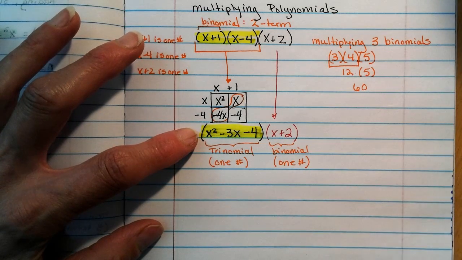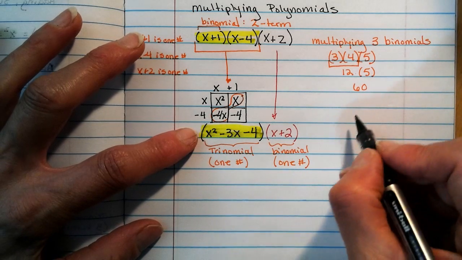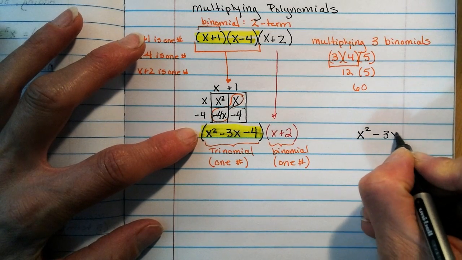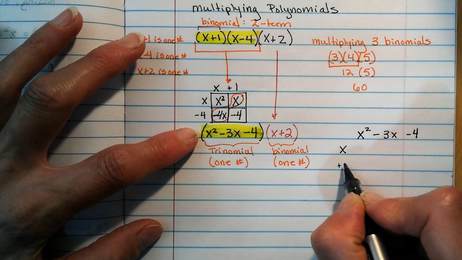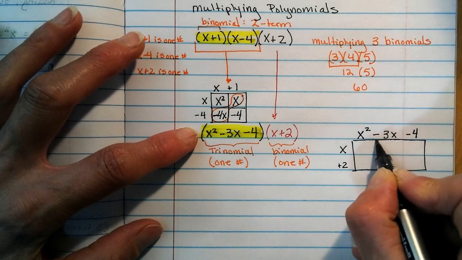Because I can't simplify them, I don't know what x is. So let's go ahead and multiply. We'll multiply over here. X squared minus 3x minus 4, and here I'm going to have x and a positive 2. I'm going to set up my box.